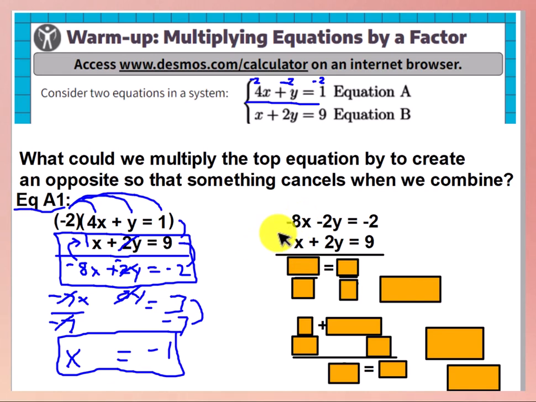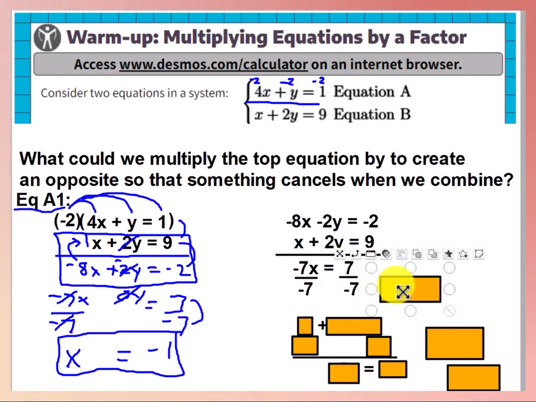All right, combine this top equation that we've multiplied through by the factor of -2 to the bottom equation, and we will get negative 7x equal 7. Divide both sides by negative 7, and you'll get x equals negative 1.